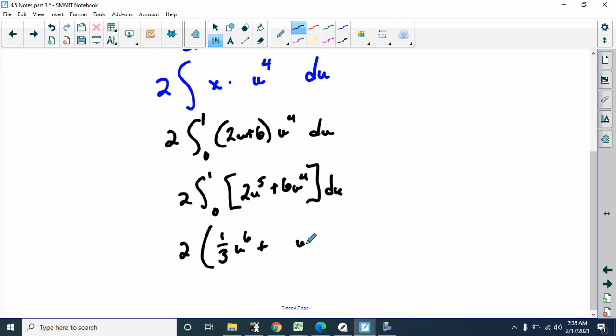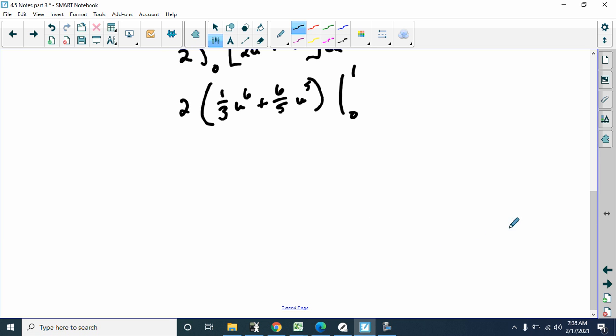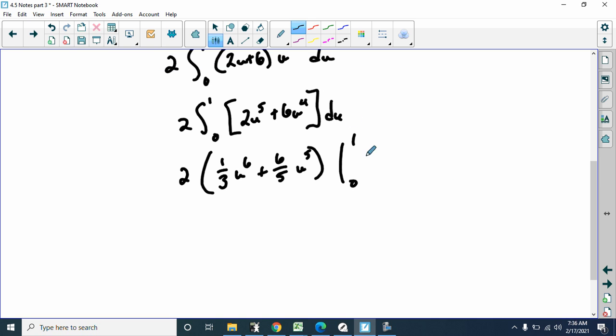Add 1 to the exponent. Divide by 5. We are evaluating from 0 to 1. Plug in 1. Gives me 1/3 plus 6/5. Plug in 0. Gives me 0.